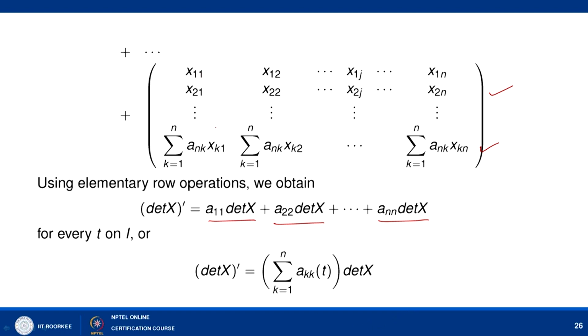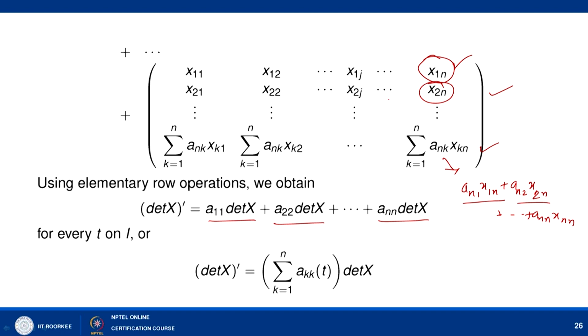When you simplify, let me write one term here. It is written as an1 x1n plus an2 x2n and so on, plus ann xnn. Now, an1 x1n is basically a multiple of this component multiplied by an1. Similarly, this is nothing but an2 multiplied by this term.